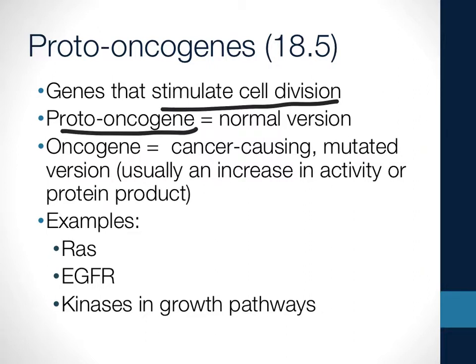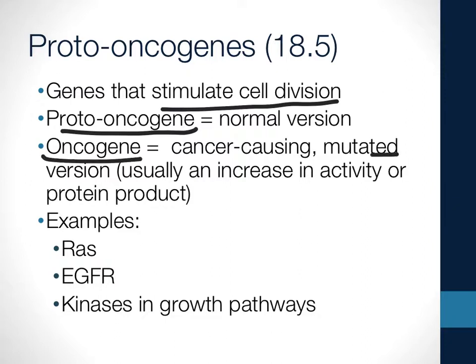So the normal version of this cyclin gene is called the proto-oncogene. However, if that gene was mutated in a way that the cyclin was always produced, that would always be promoting growth, and thus that would be cancer, right? So that mutated version of the proto-oncogene is called an oncogene.